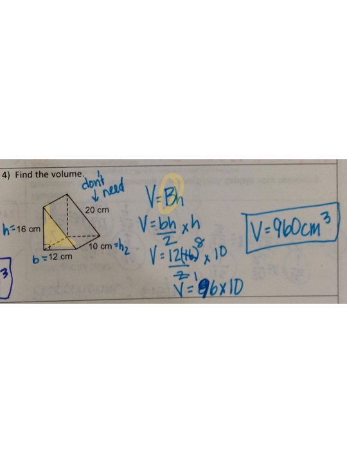And then we're going to divide it by 2 and then multiply by the height. Now we want the height of the triangular prism, which is 10. This 20 right here, we do not need it because it's not showing the height of the triangular prism. So once I multiply, I cross divided by 2 to get the 16, 2, and 8. And so now I have 96 times 10, which is 960 cubic centimeters.